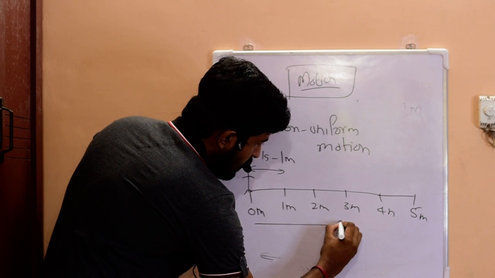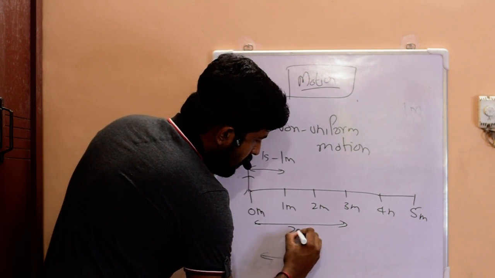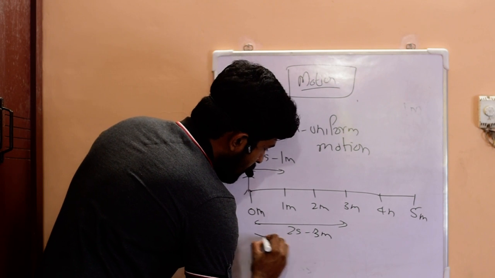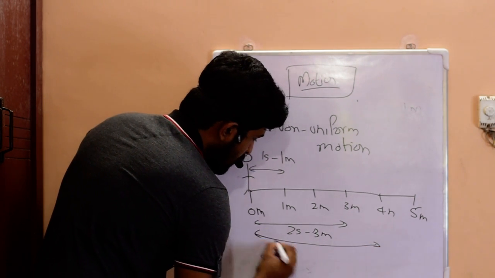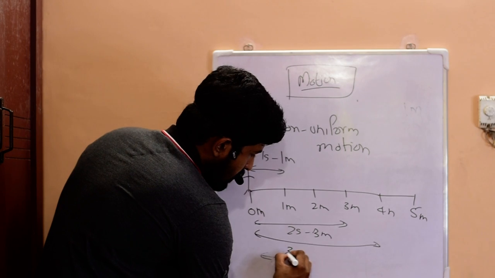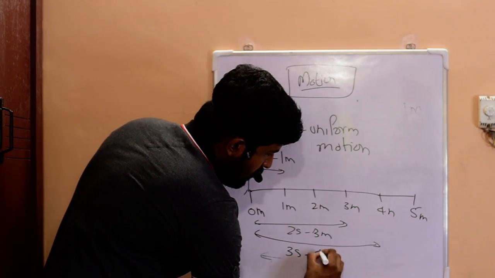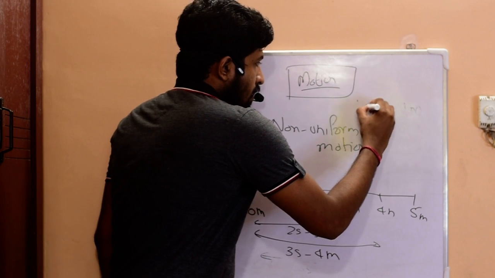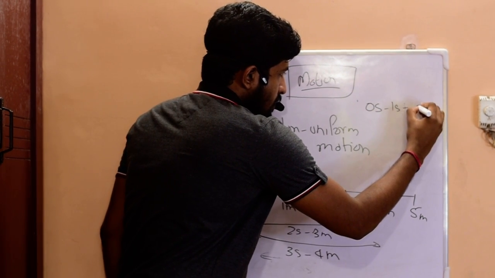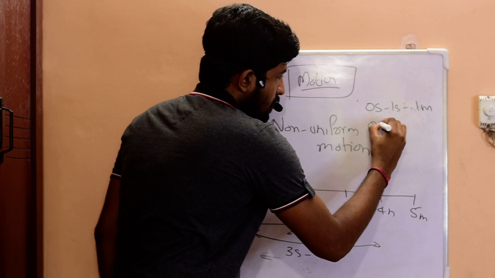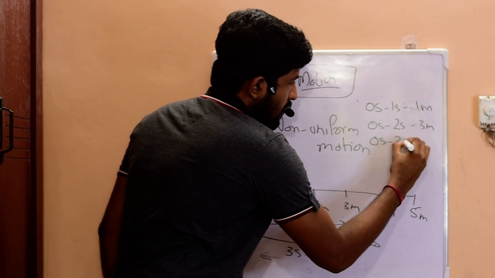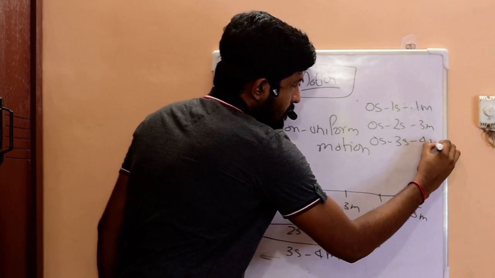And suppose from 0 to 2 seconds he travelled around 3 meter. And from 0 to 3 seconds he travelled 4 meter. So I can again write this on the board: 0 second to 2 second, 3 meter, and then 0 second to 3 seconds, 4 meter.